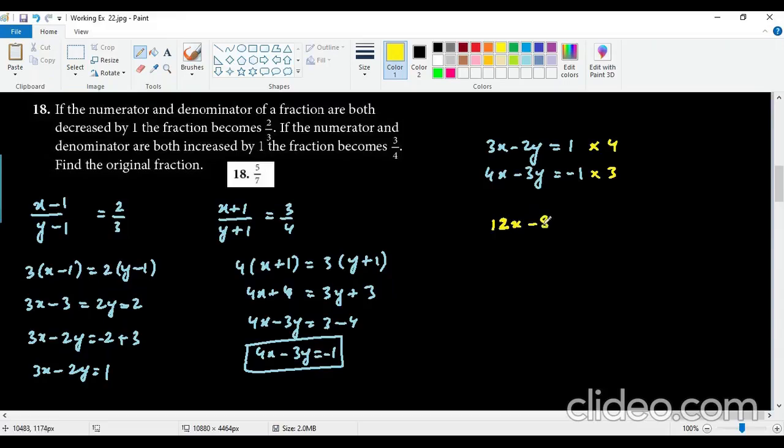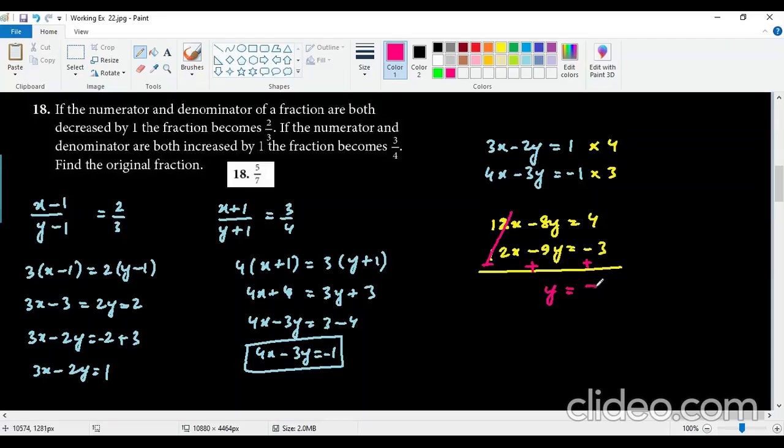Second equation becomes 12x minus 9y equals negative 3. I will subtract first equation from second. So these two are going to become y equals 7. So the value of y is 7.